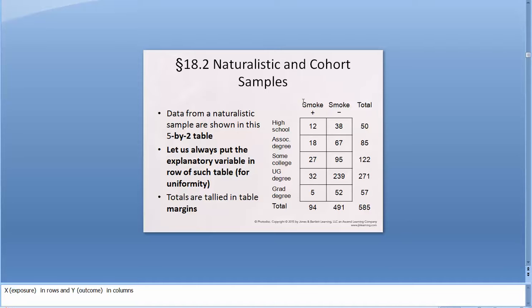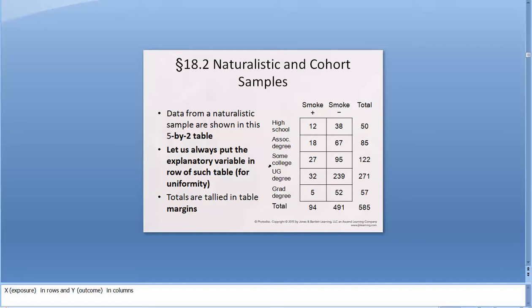So now, in the naturalistic and cohort samples, let's first of all deal with the first two types of sampling. Usually you will have the data in a table form. That is why, in fact, this chapter's title is cross tabulation. So here it's cross tabulated according to two factors. Now you have the outcome and the exposure.